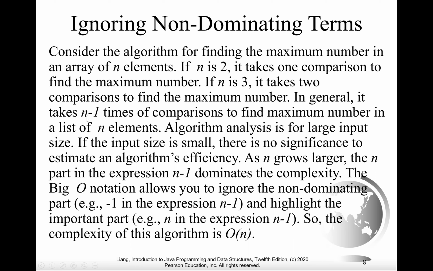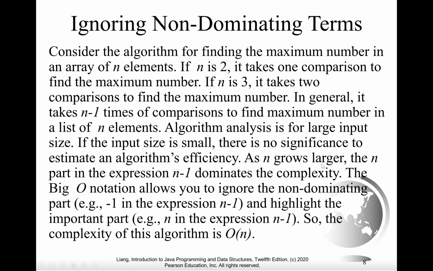In general, it takes n minus 1 comparisons to find the maximum number in a list of n elements. Algorithm analysis is for large input size. If the input size is small, there's no significance to estimate the algorithm's efficiency.